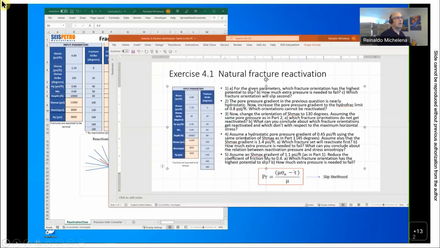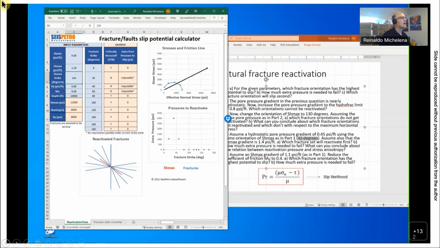So here we go to number 4. Number 4, assuming a hydrostatic pressure of 0.45 psi per foot, and using the same orientation as in part 1, 45 degrees. So we're going to come back here to 45 degrees, and we're going to use 0.45 for the pore pressure.